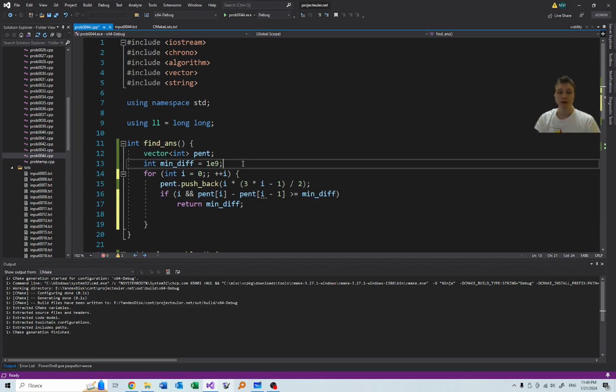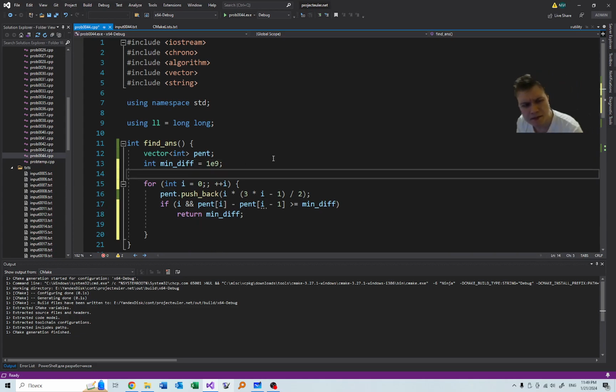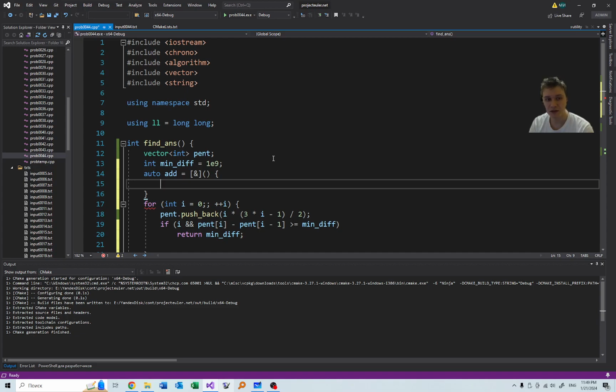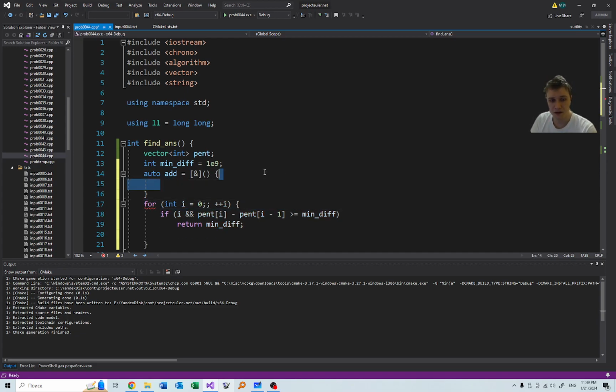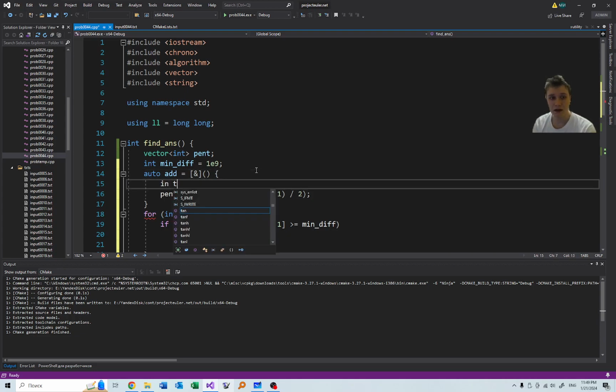Okay, let's rewrite something. First of all, let's write a function add, which adds a new pentagonal number here. It simply says that we need to do this where i equals pent.size.